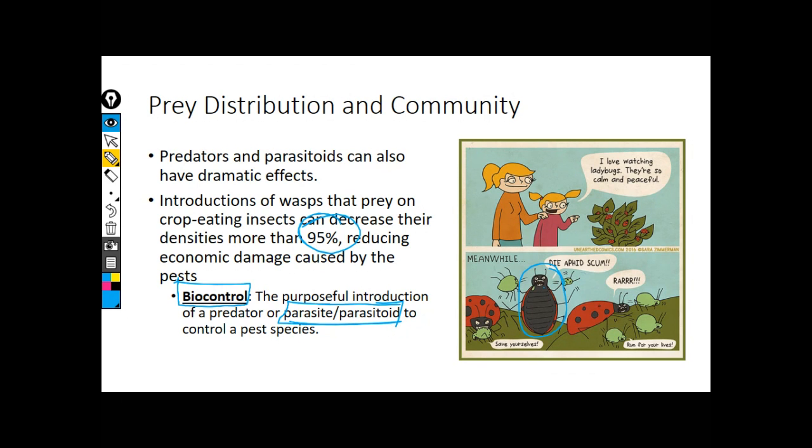And males can't lay eggs. So when you skew populations really heavily that way, it reduces the ability of populations to breed. So we're introducing a specific parasite. So all of these are forms of biocontrol.